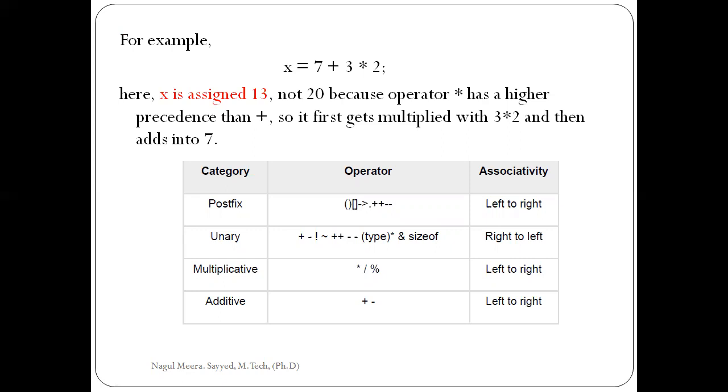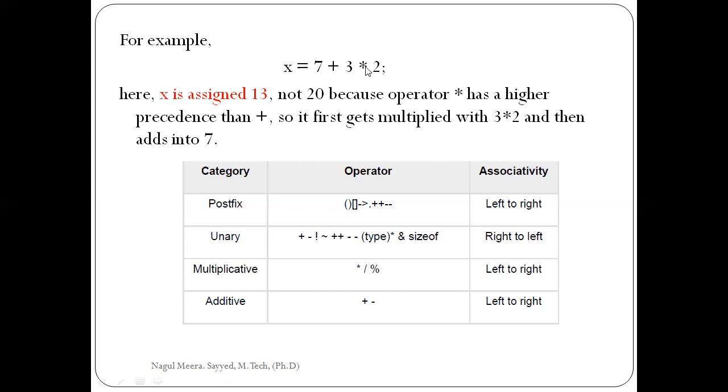So what is the result? The result is x is 13. Here this value is 13: 7 plus 3 into 2, the value is 13, and then this 13 is assigned to x. Not 20.